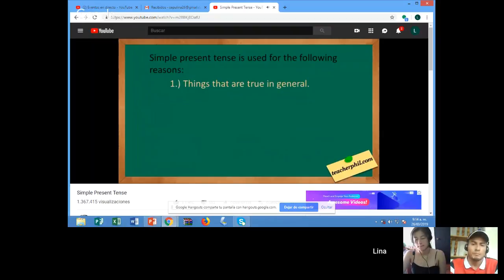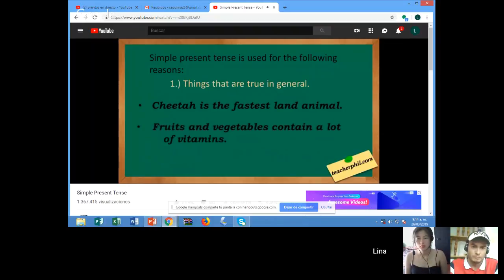Simple present tense is used for the following reasons. Number 1, for things that are true in general. Examples: Cheetah is the fastest land animal. Fruits and vegetables contain a lot of vitamins. Mr. Jackson lives alone.